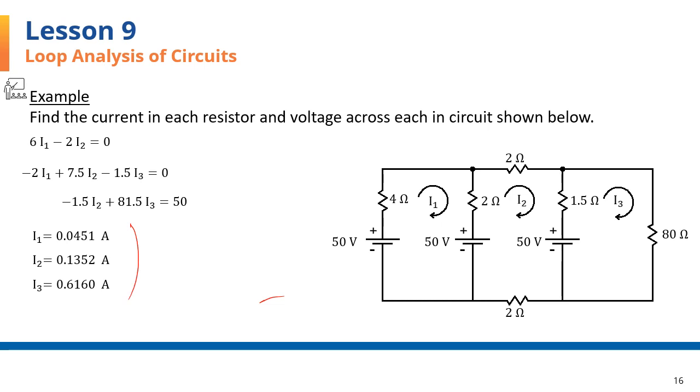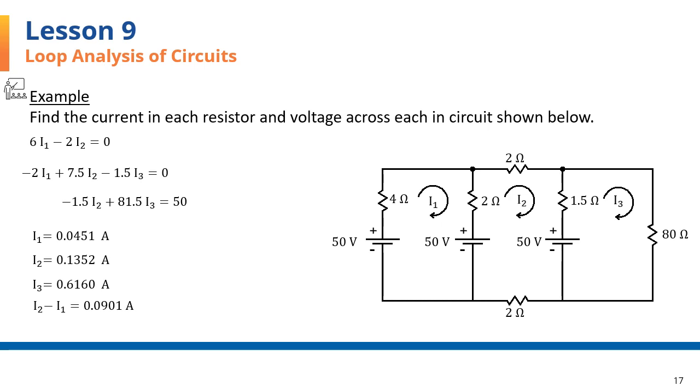From these 3 loop currents, we can find current through each resistor along with the direction of those currents. Current in this 4 ohm resistor is 0.0451 because all of I1 goes through it. Current in this 2 ohm resistor is calculated as I2 minus I1, and let's look at the rest of it.